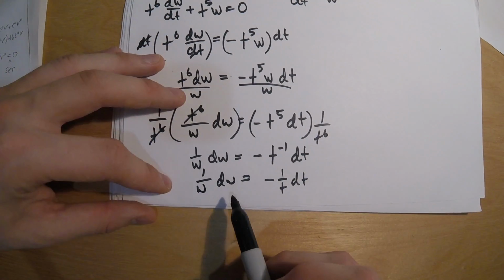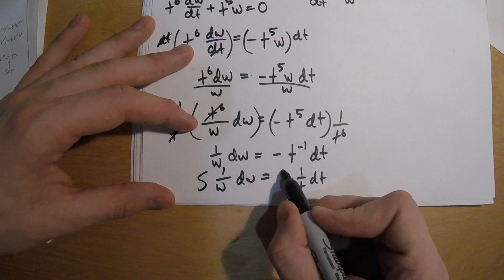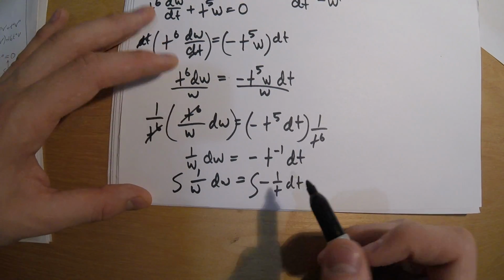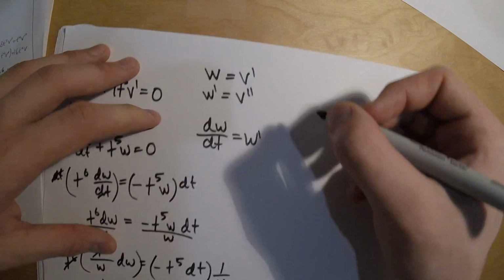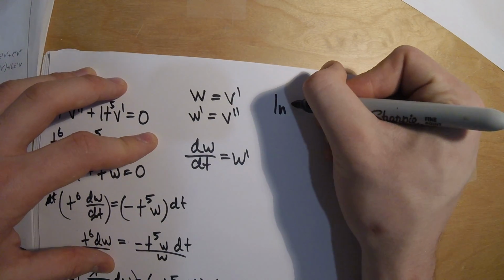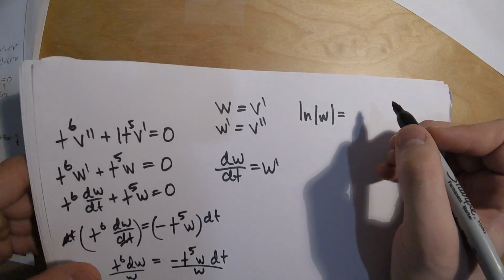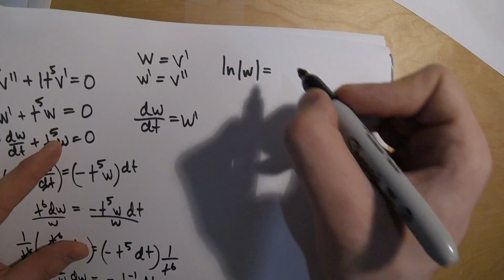Okay, so now we can go ahead and integrate both sides, this in terms of dw and this side in terms of dt. So this right here, this 1 over w, when you integrate, you're going to get ln of w equals, since it's negative, it's a constant, it can come out.